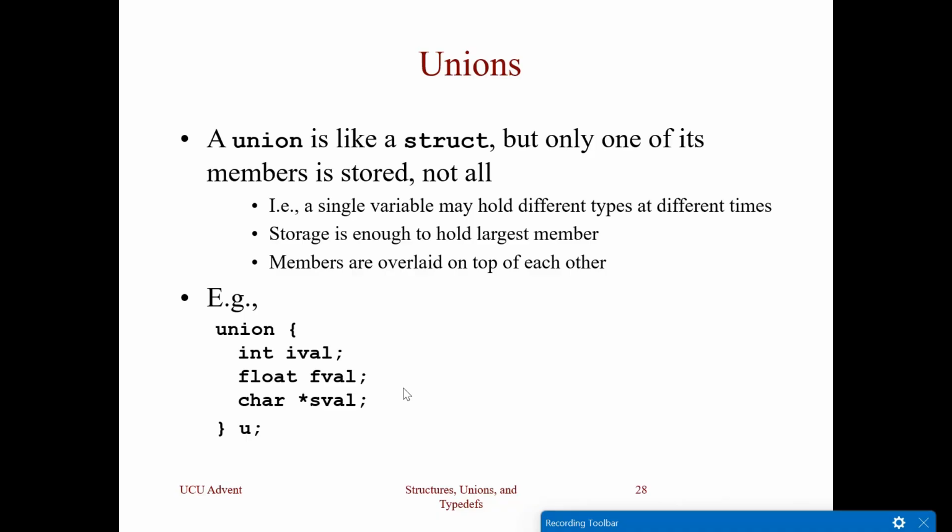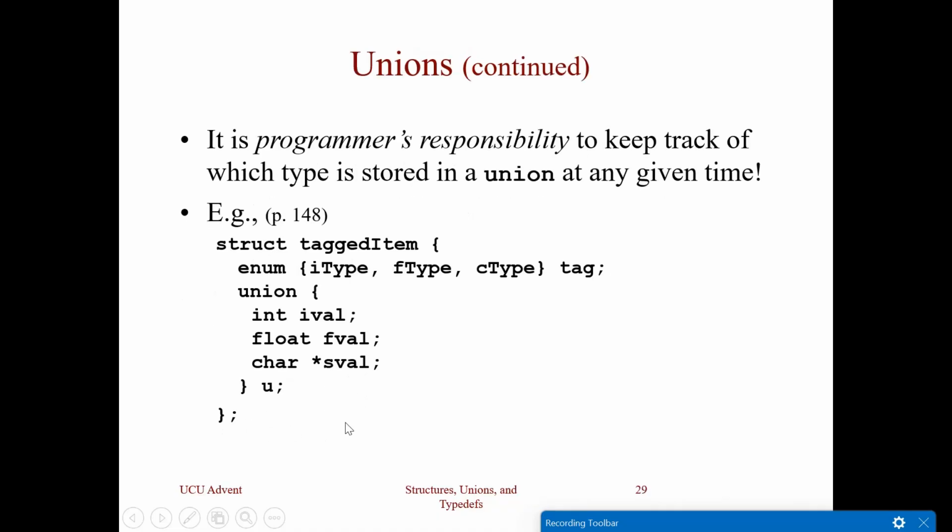So the members are overlaid on top of each other. So you have union, and then you have int ival, float fval, and char pointer sval. Then you close it with another name here outside, as u.